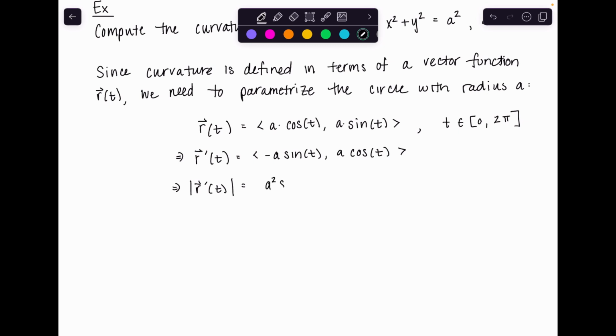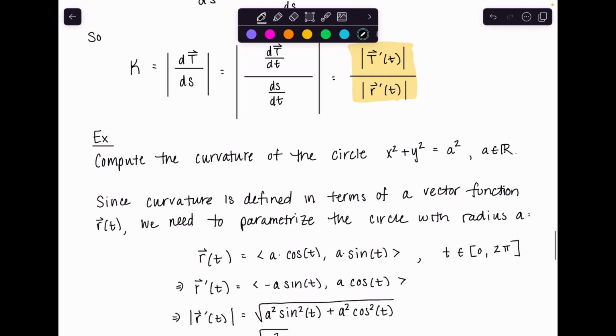So this becomes a squared sine squared, which is positive, plus a squared cosine squared, under a square root. You can factor out an a squared, giving a squared times sine squared plus cosine squared, which condenses down to 1. So this becomes the square root of a squared, and a is the radius, a positive number, so the square and square root cancel. So I've got the piece that's going to go in the denominator of my curvature.